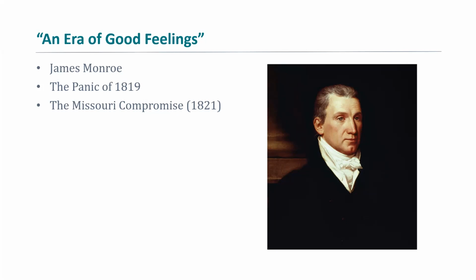The era of good feelings is the end of, or let's call it the downfall. I don't want to say it's the end of, because in reality, Monroe serves 2 terms. So in 1816 he's elected, in 1820 he's reelected.